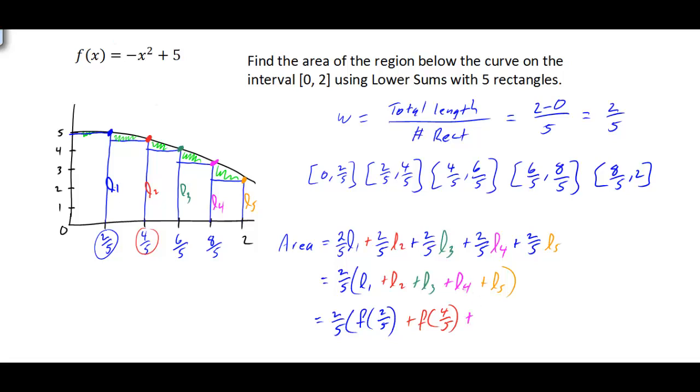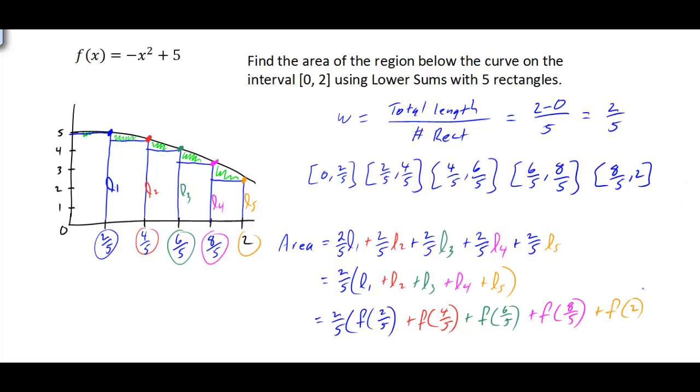Skipped L3. For L3, we're going to use 6/5, and then for L4, we have 8/5, and L5, f of 2.